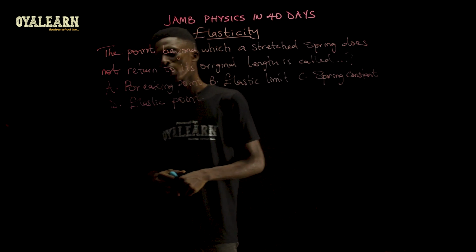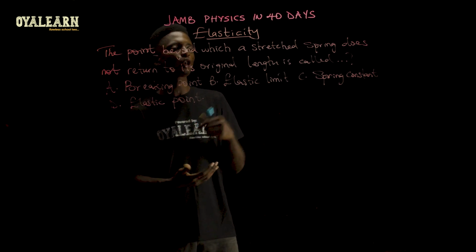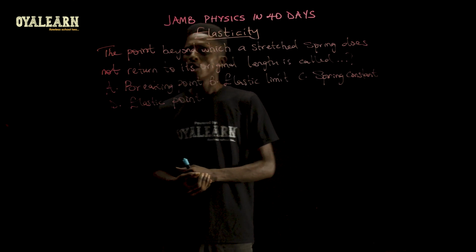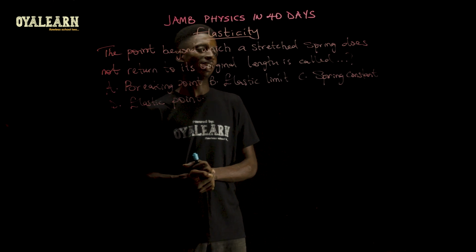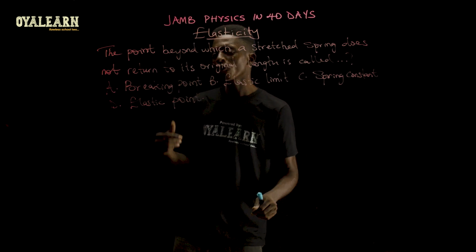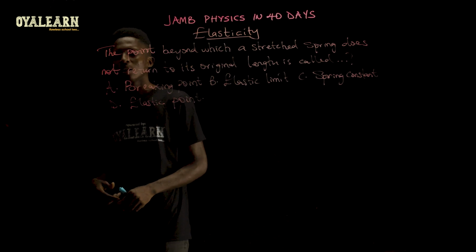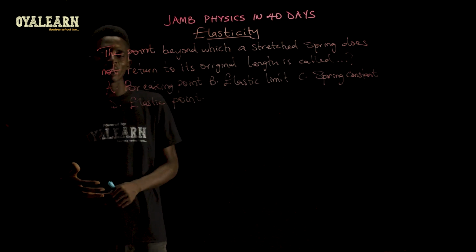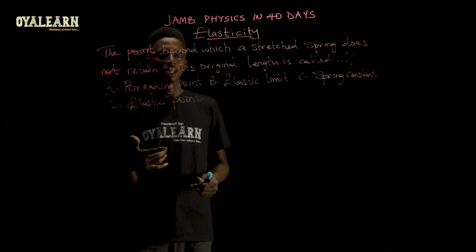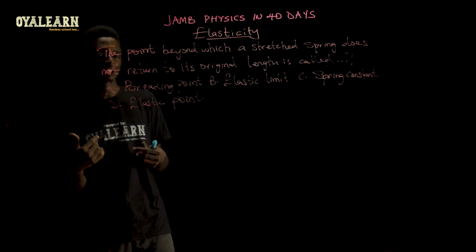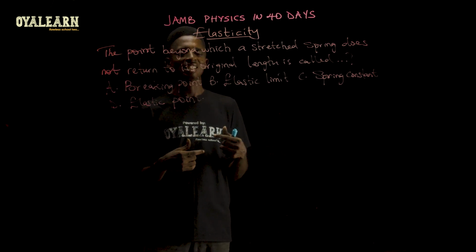In this question, we are asked what the point beyond which a stretched spring does not return to its original length is called. If you recall the definition of elasticity, it is the ability of a material to stretch when a force is applied and then return to its original shape or size after the force is removed.